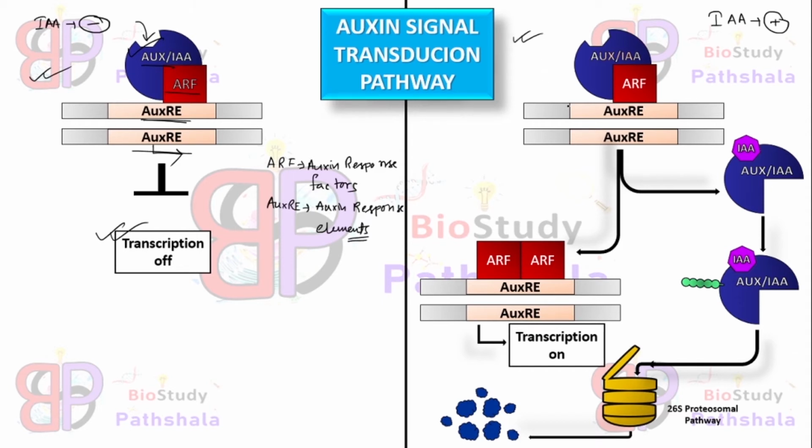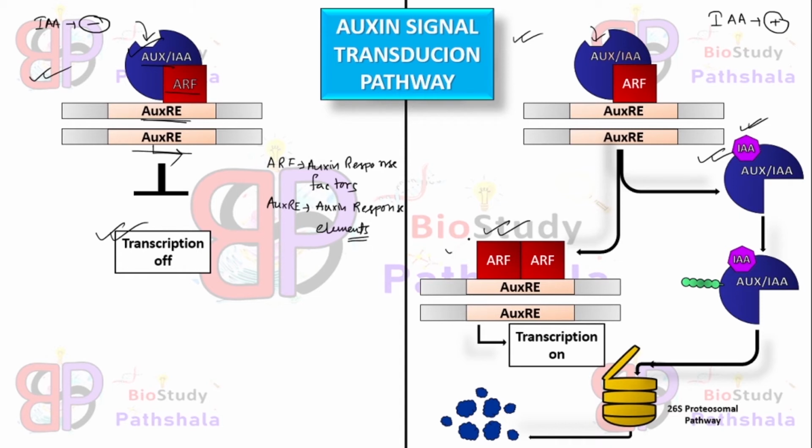But in this case, IAA is available to bind to the Aux/IAA protein. After binding, the IAA-Aux/IAA complex dissociates from the ARF protein. That is why ARF is free to form the ARF homodimer, and ARF homodimer formation is very crucial to turn the transcription on.